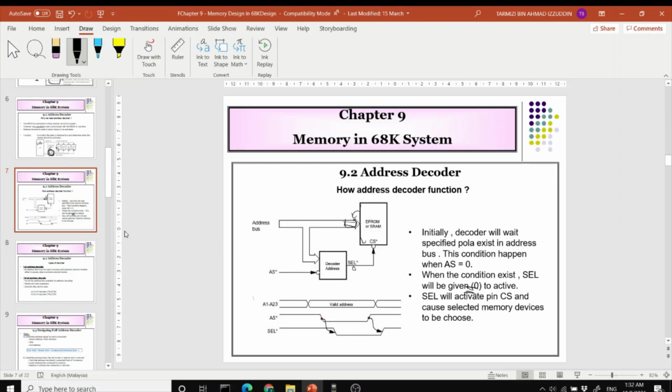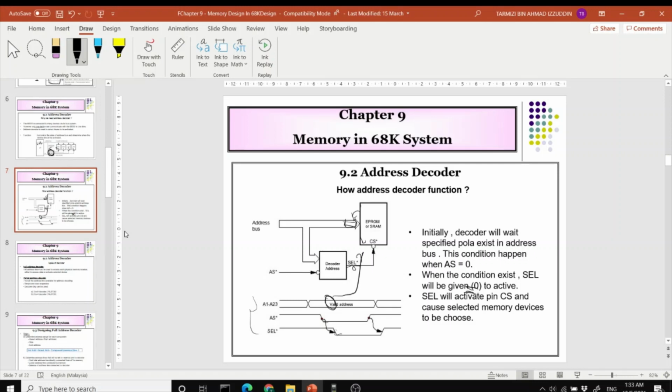This is the timing diagram that you can see. How does it behave? Whenever AS is put to low and SEL is put to low, the address available on the address bus will be read by your EEPROM.